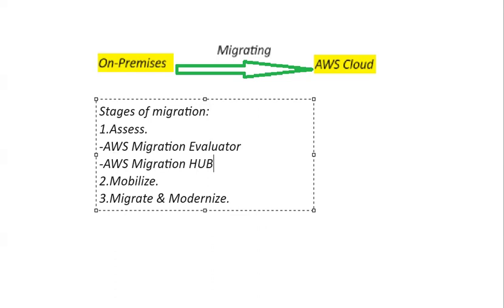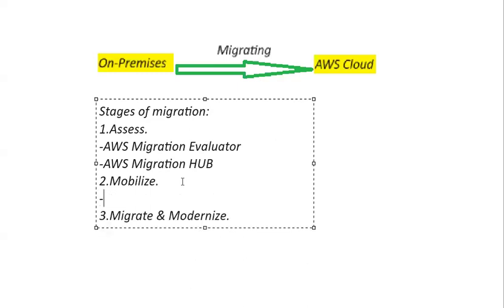And in this AWS Migration Hub, it acts like a centralized platform where you can gather all the Migration Evaluator information, application level information, or agentless discovery information. Whatever information you collect from on premises, you can manage in this Migration Hub.